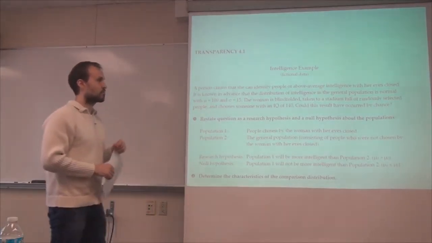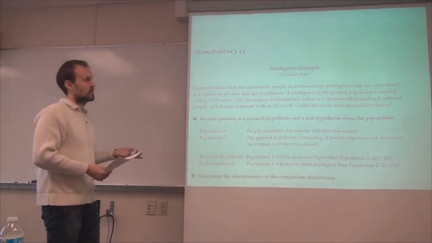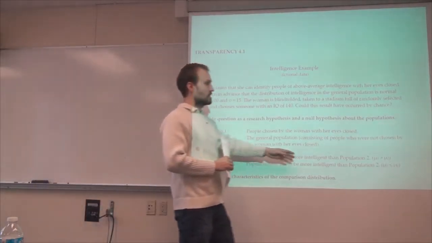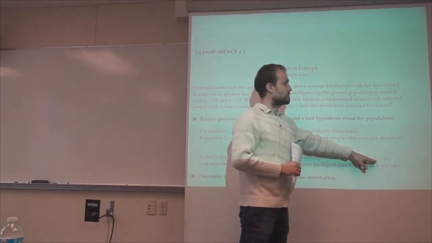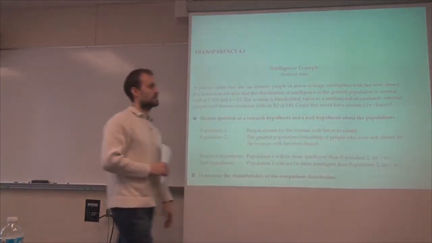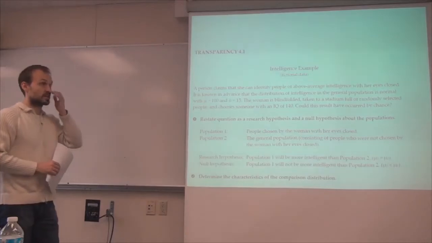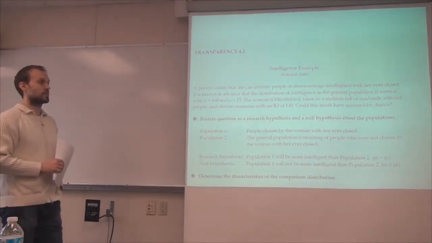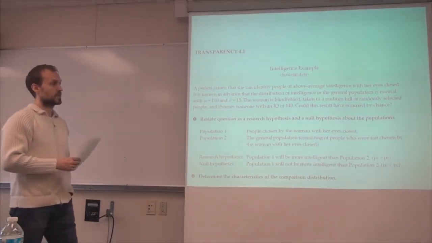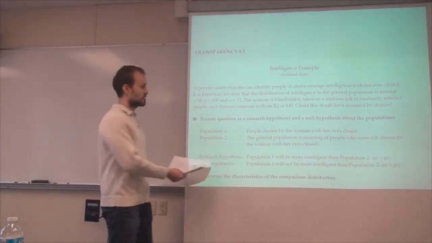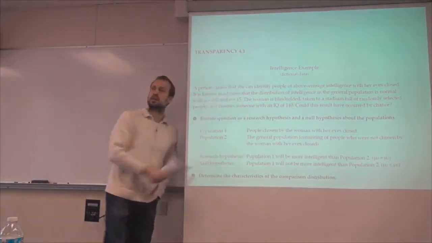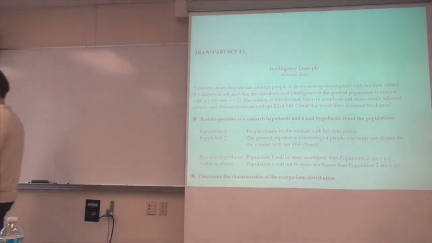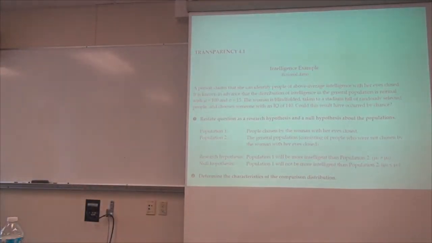So I kind of want her to be correct. What I want is the intelligence of the person she picks to be higher than the average intelligence of the whole population, which would then give evidence, or if this research hypothesis is true, then that supports her claim that she can pick someone of above average intelligence.